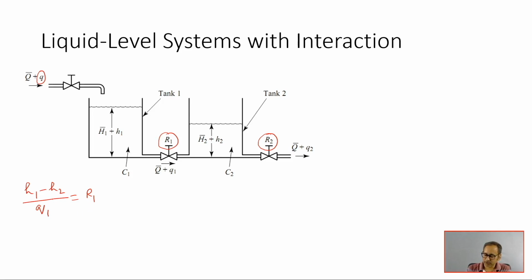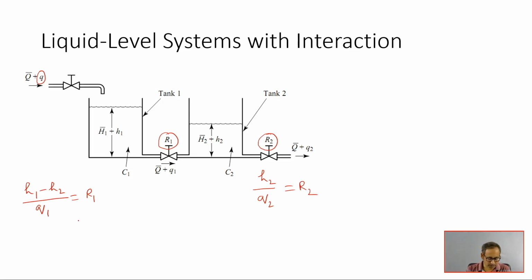So R1 equal to h1 minus h2 divided by q1. Another, for the second valve: h2 minus 0, because the reference line or datum line is 0 head. So h2 divided by q2 equal to R2.